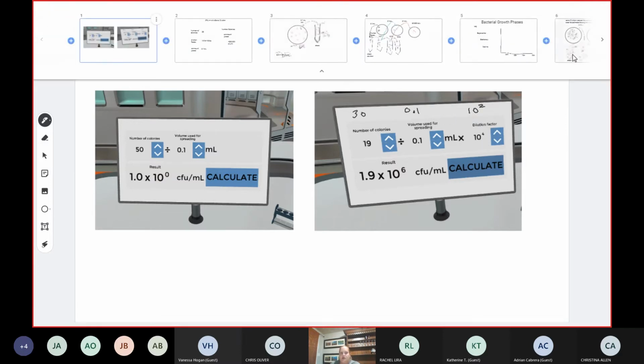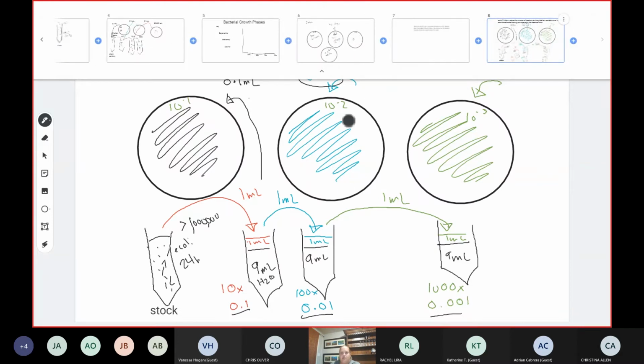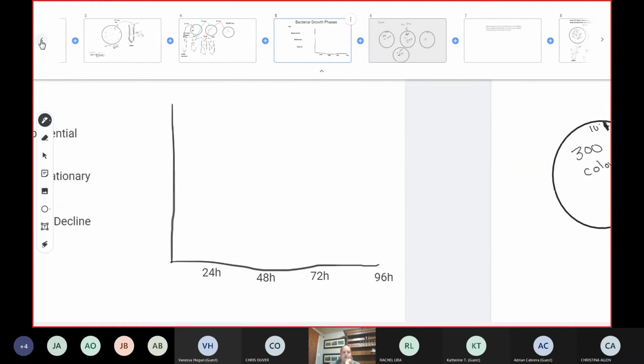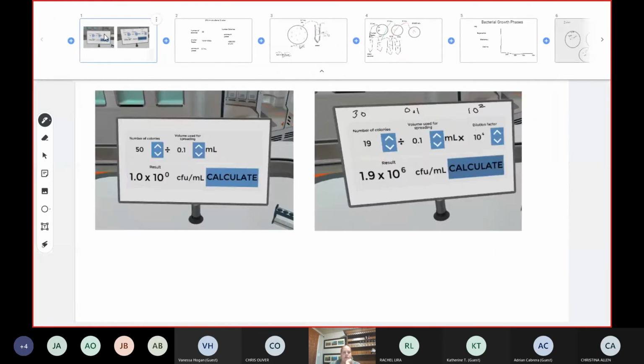Again, this was our blue plate, our second plate. Our 10 to the minus 2 plate had 30 colonies on it. So this would be 10 to the 2 as our dilution factor.